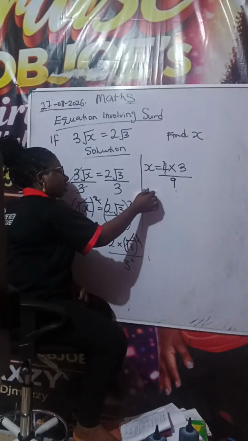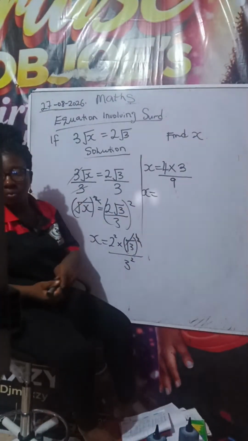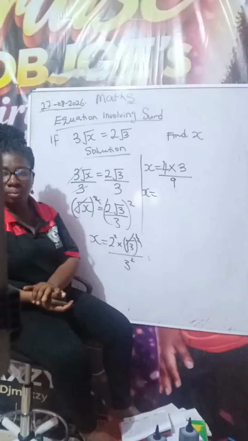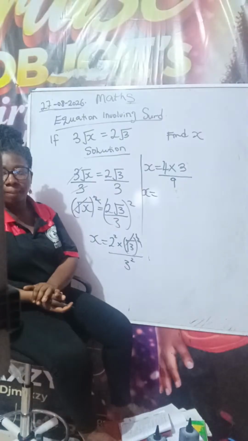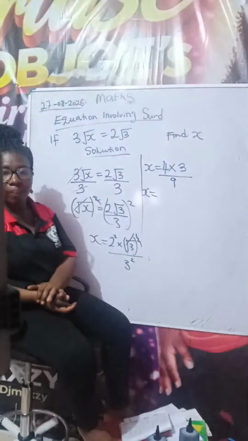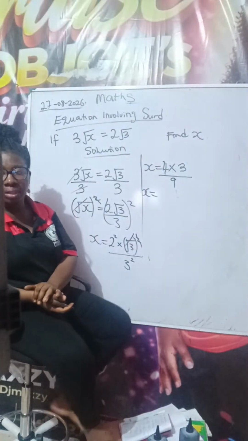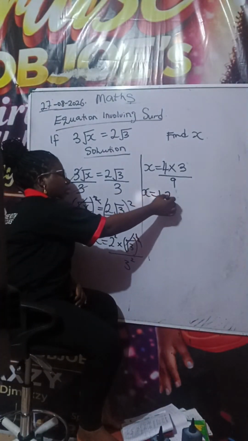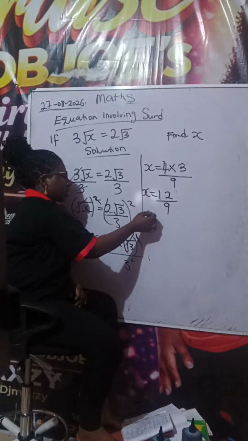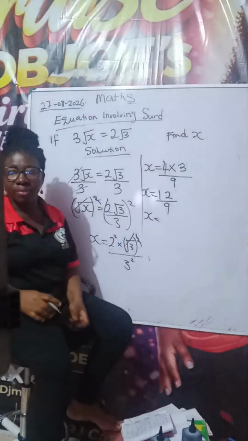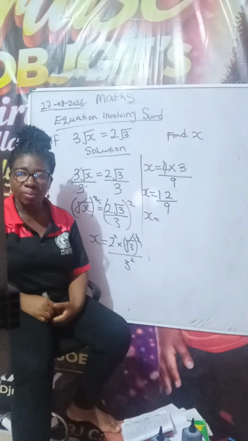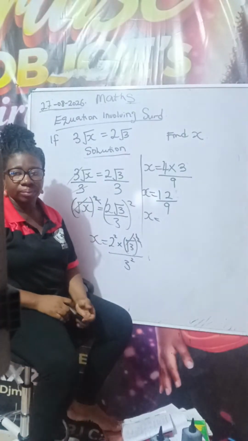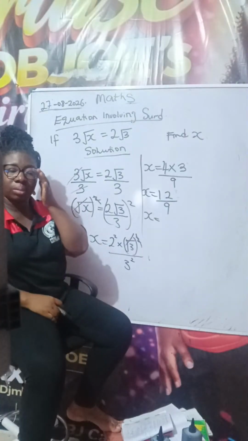So we have x equals 4 times 3. So 4 times 3 will give us 12, then divided by 9. Now 12 and 9, can we divide them? Is it possible for them to divide?